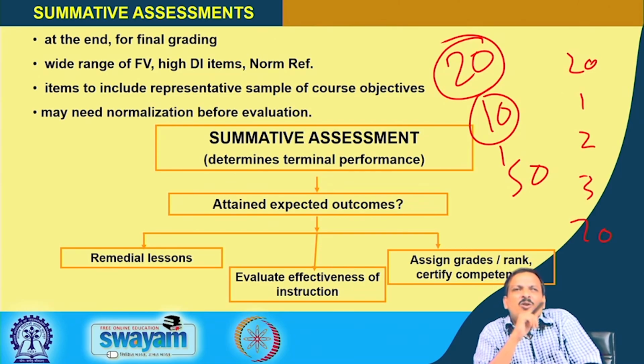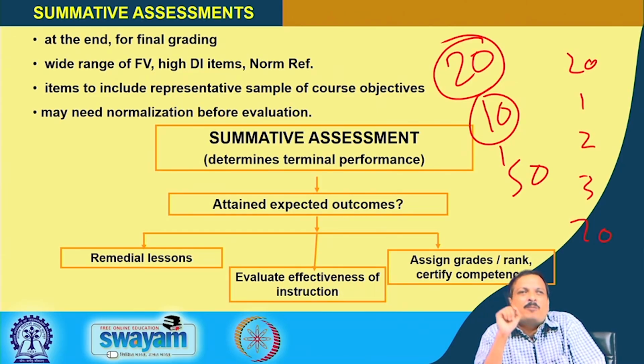So now only 30 students I have to rank within a 17 mark score. So my cohort size is less. This is called norm reference assessment. I can say this is an elimination test.